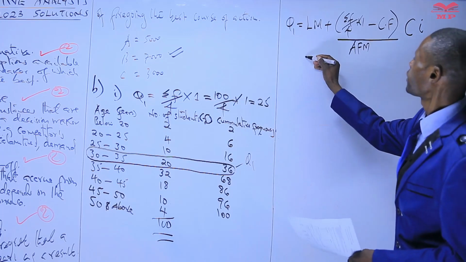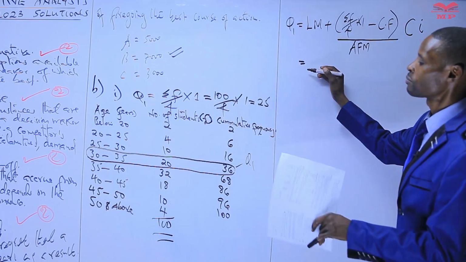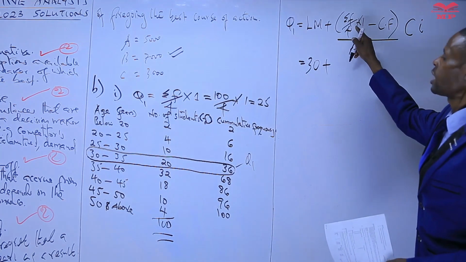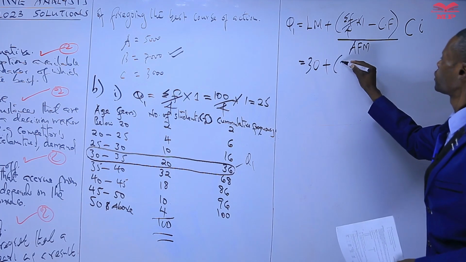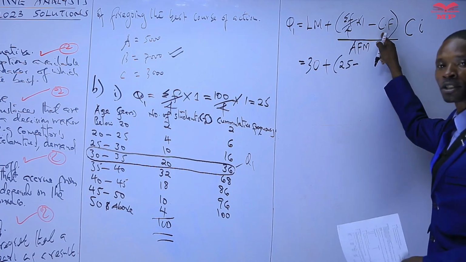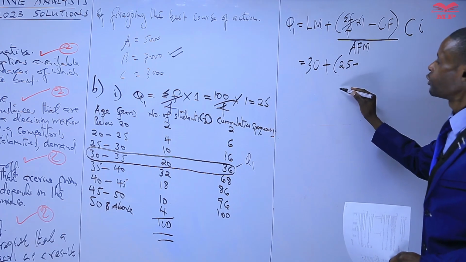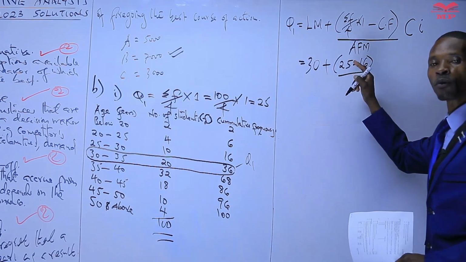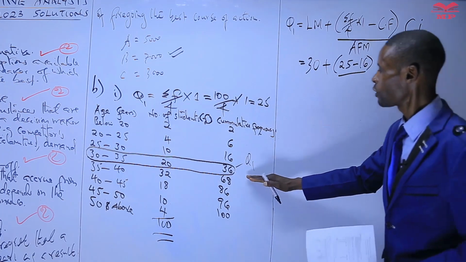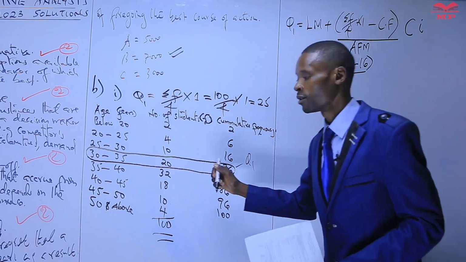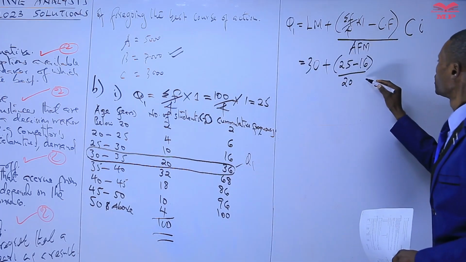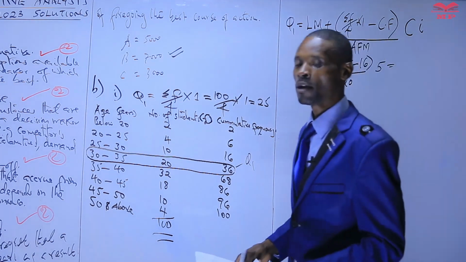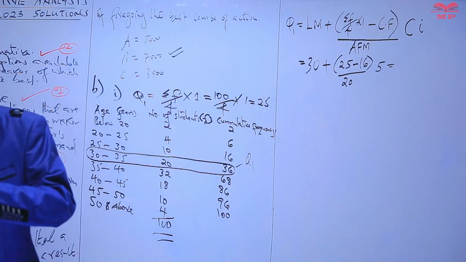Good. So let us have the figures now. The lowest boundary is 30 plus the summation I've done here, which is 25, minus the cumulative frequency above the quartile range, which is 16. I divide by the actual frequency of that quartile, 20, then I multiply with 5, the class interval or width.